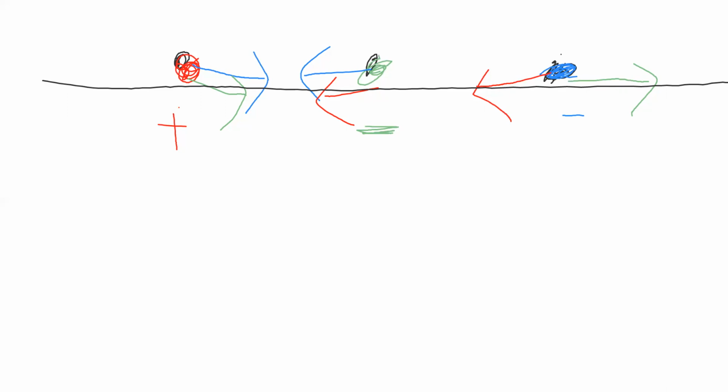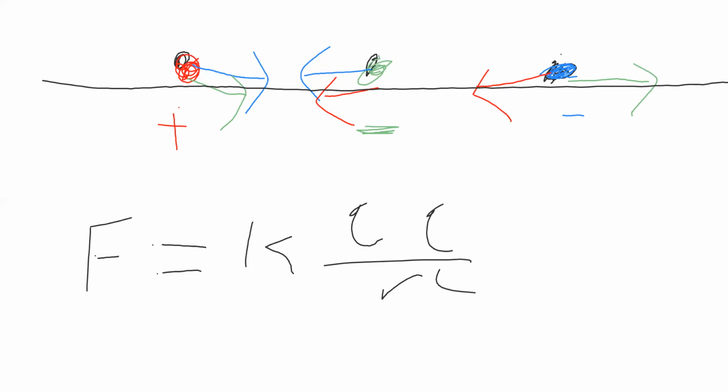Now, just as a reminder, we have F equals K Q Q over R squared. I'm writing this with my finger, but it's better than trying to do it with a mouse pad.